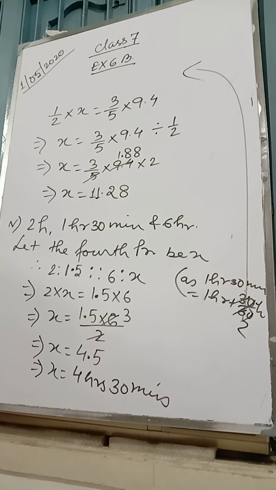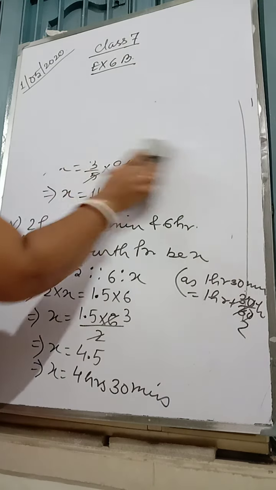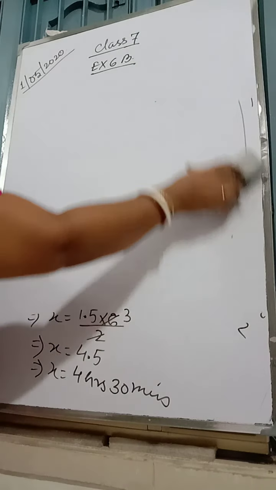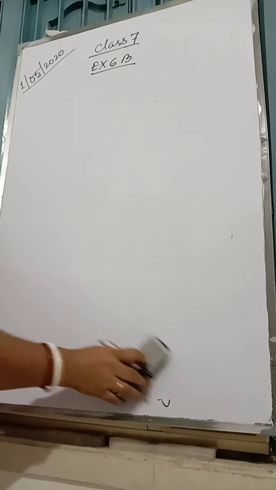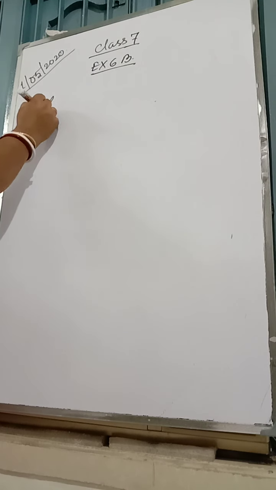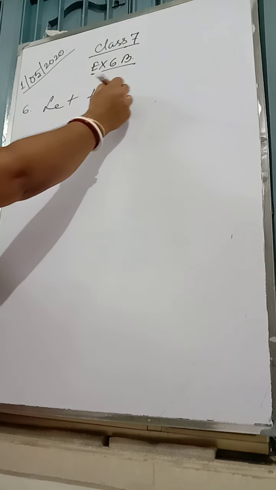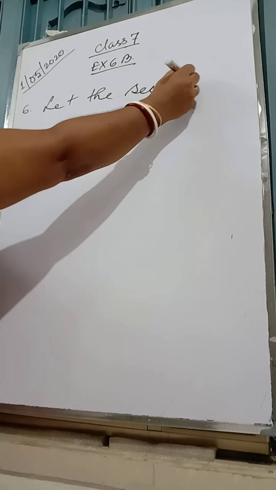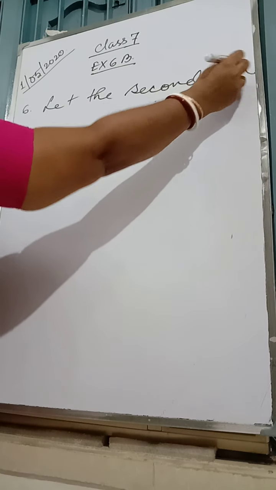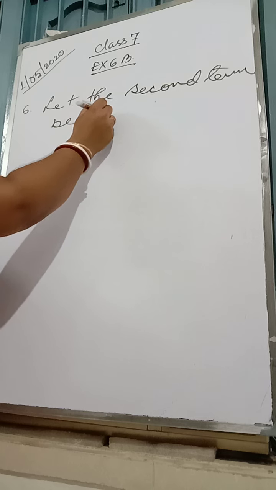Now question number 6. Find the second term of proportion whose first, third and fourth terms are given. It is the same as question number 5. We have to get the second term. Let the second term be x.